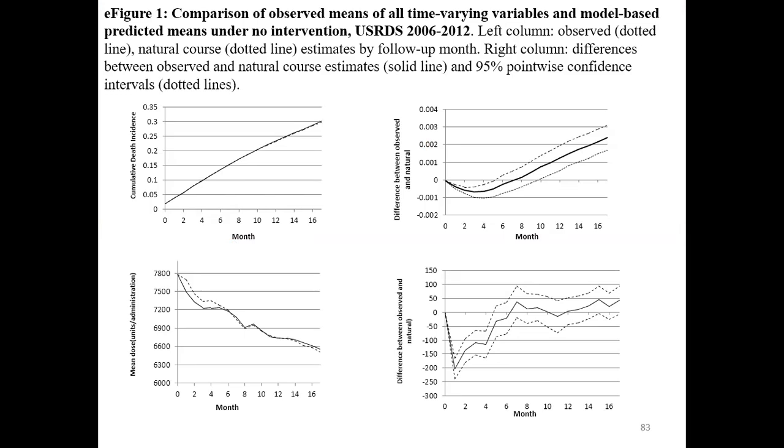This is a report that we include in the manuscript that we published. So the left column is the observed, dotted line under the natural course, estimated natural course. The right column is the difference between observed and natural course estimated, and their 95% point-wise confidence intervals. We test the model in many different ways, meaning that we specify the model in many different ways to come up with this curve.